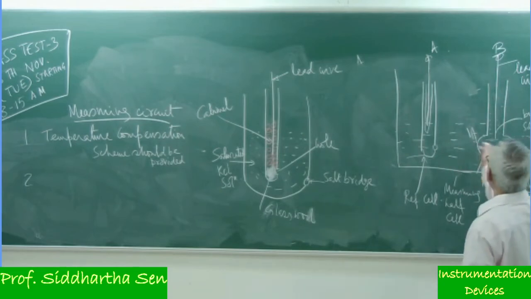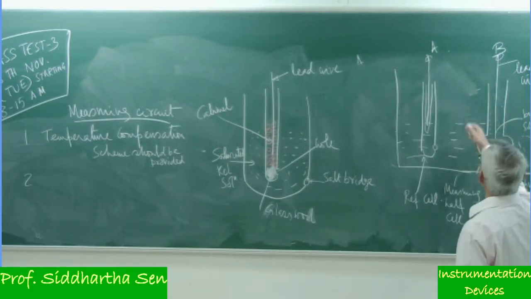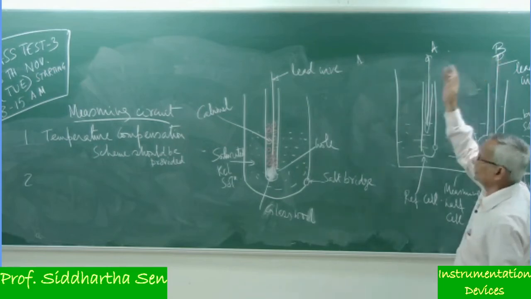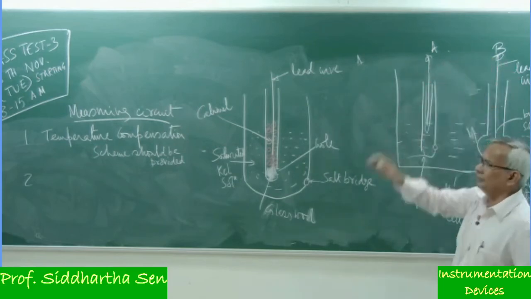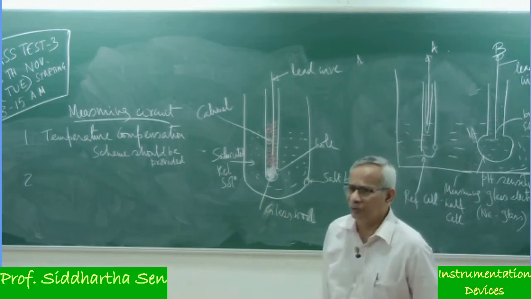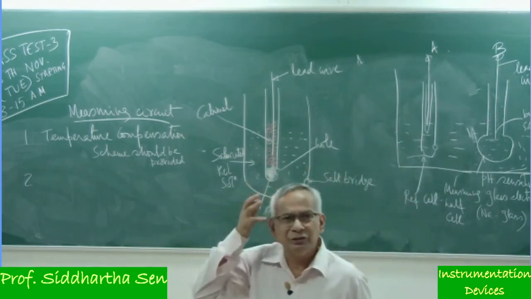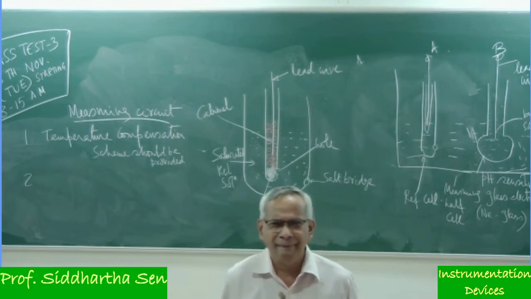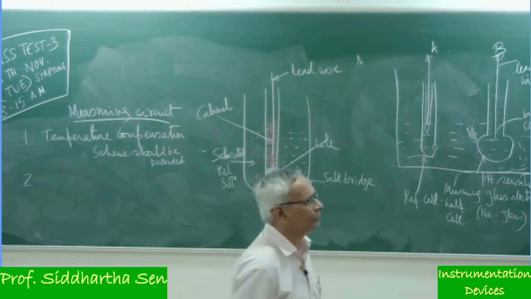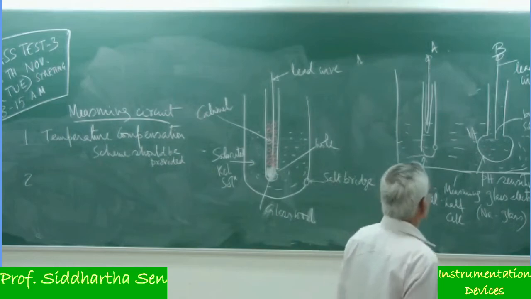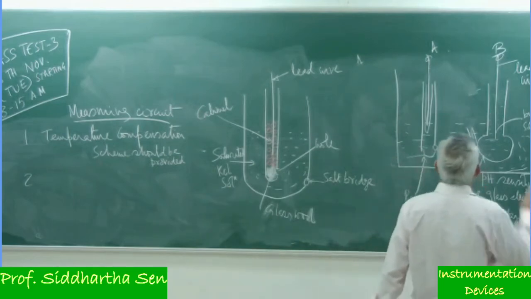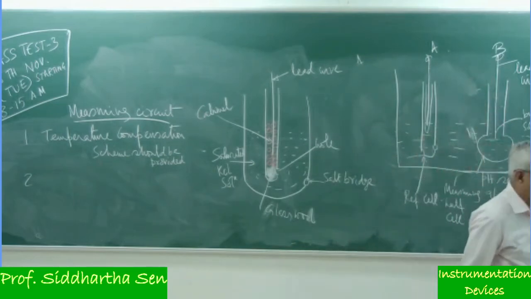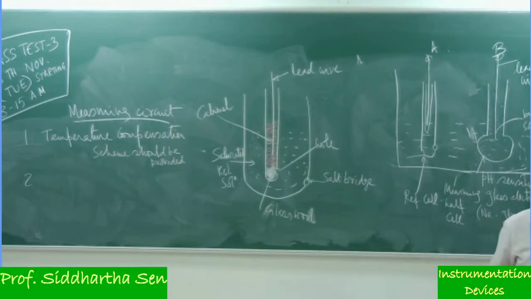So if there is a pH variation, I can connect a voltmeter, our simple laboratory type voltmeter or digital voltmeter. But I tell you, if you connect a normal laboratory type voltmeter in this case, you will get almost no reading or zero reading.